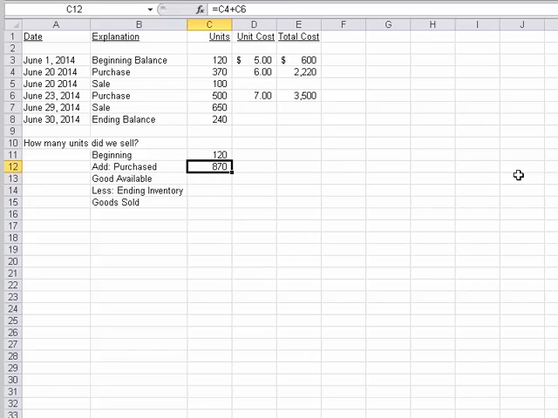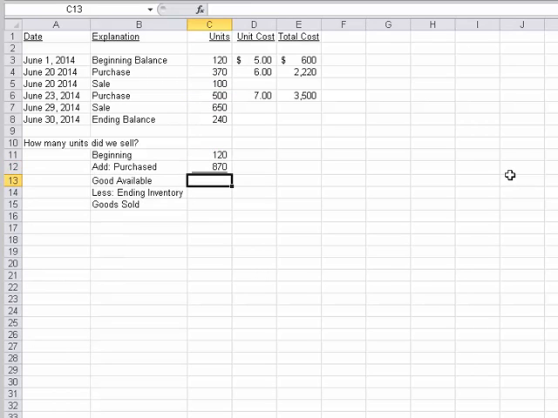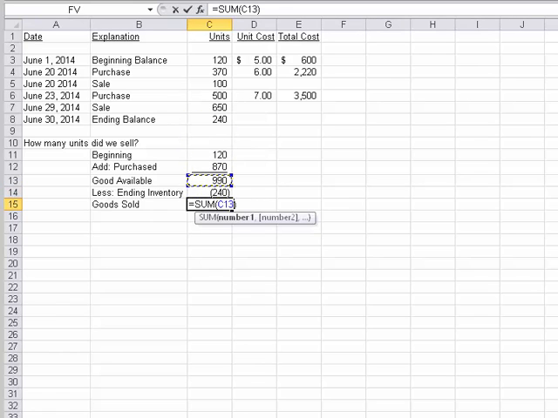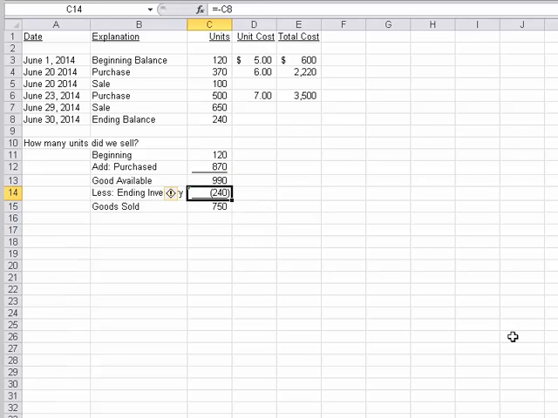So goods available, if I just create a quick summation there, is 990. And they told us that we had 240 units in ending inventory. So if we subtract 240, in fact, let's show that as a negative number. I'll make it minus 240, and then I can just use the summation again. And we come up with goods sold were 750.